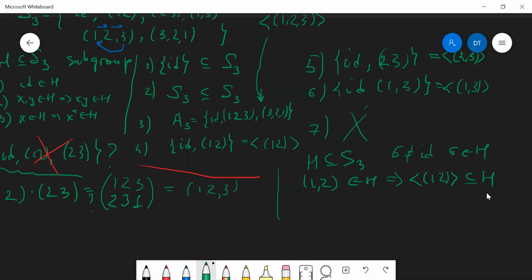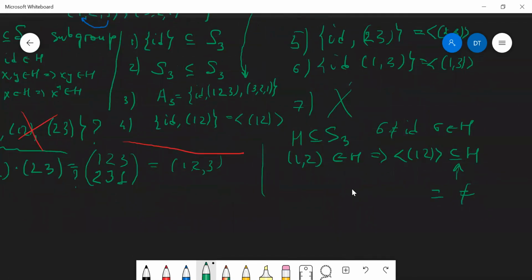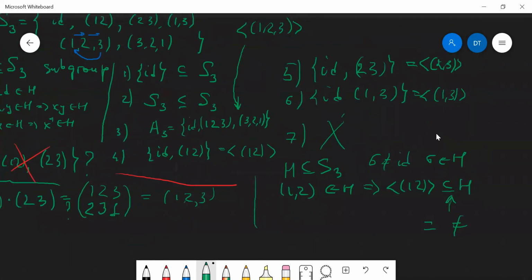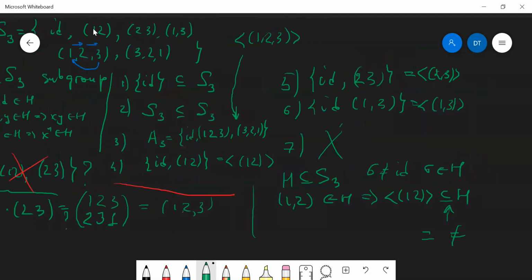So now, here we have 2 options. Here, it's either equality or not. So if it's equality, then this is the example number 4. You see? And here we consider the case where sigma was this element.